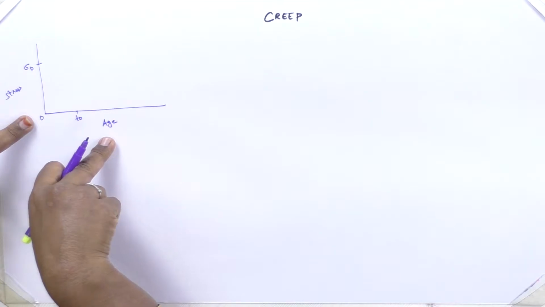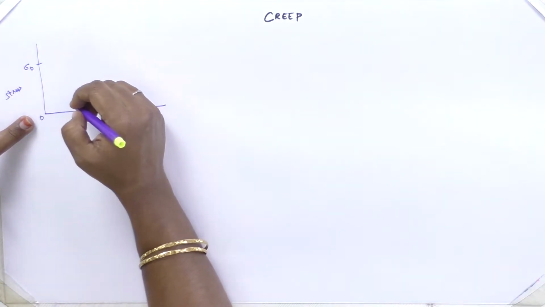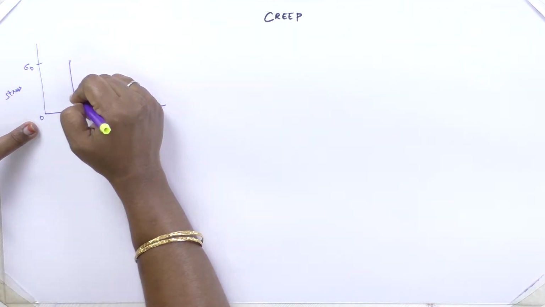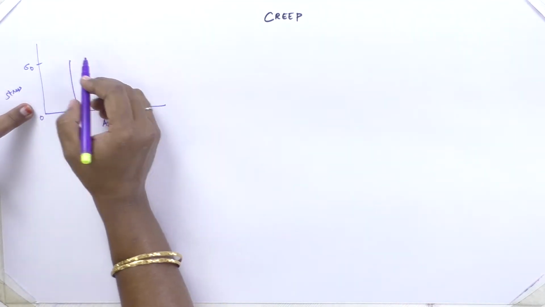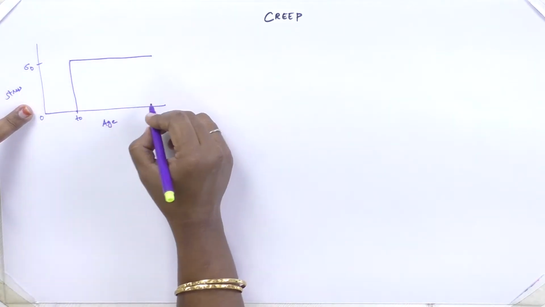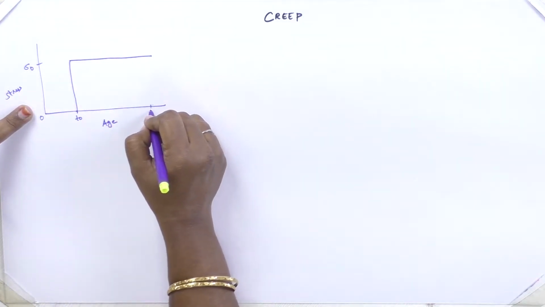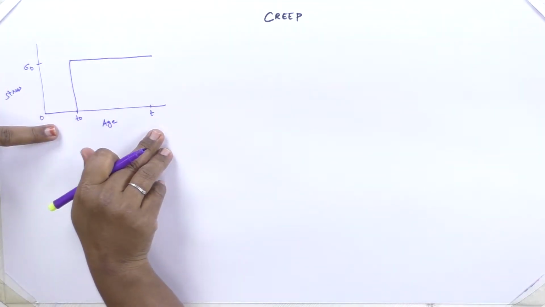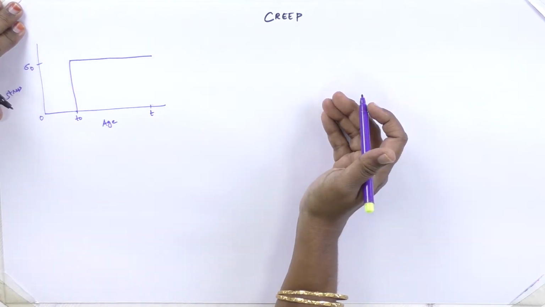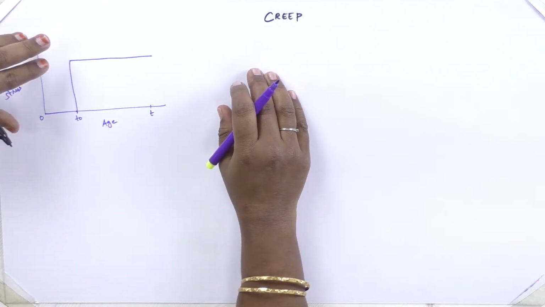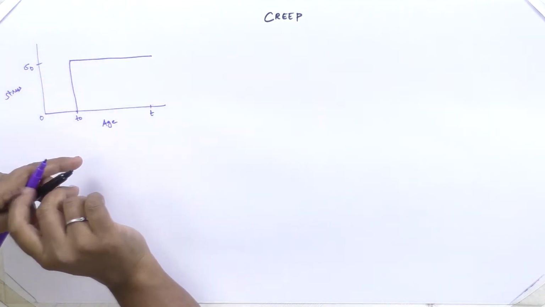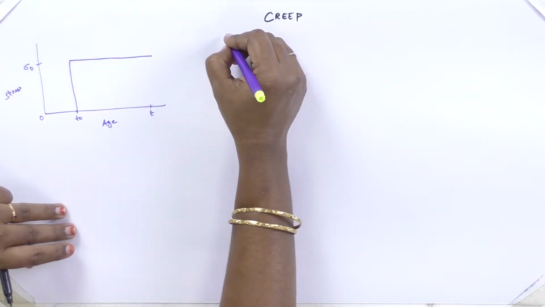If suppose I am applying a stress sigma naught at age T naught and I am maintaining it for a certain period, say till the age of T. Now how my concrete behaves is being shown here.